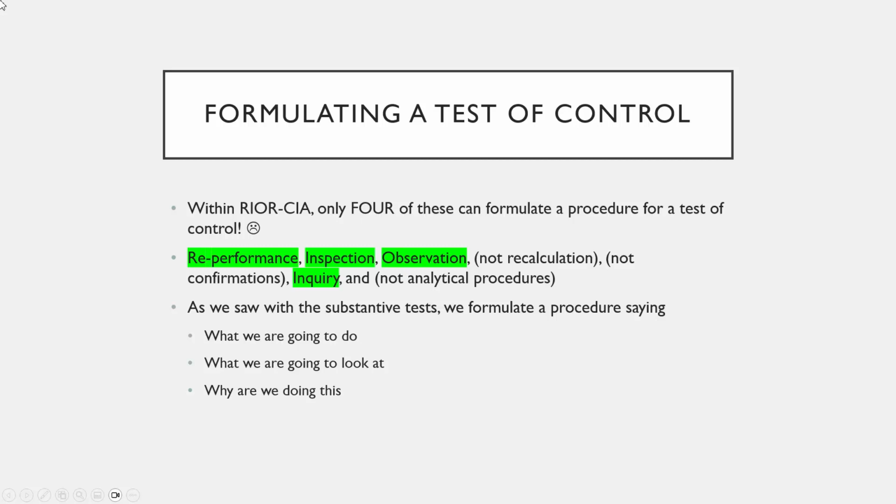Inquiry is something you can also ask, because there are two things we need to understand here. We need to know whether or not the control actually exists. So the company can write it really nicely in their report saying that we have this control and it does this.